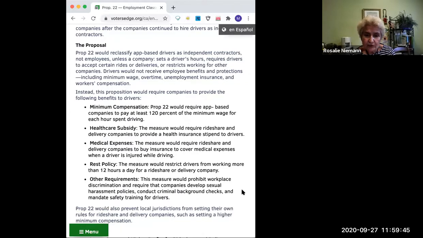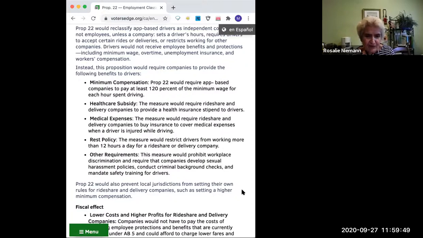Prop 22 would also prevent, let me just say, the League of Women Voters always says these are opinions. Well, this is not an opinion. This is what it says. It would prevent local jurisdictions from setting their own rules for rideshare and delivery companies.